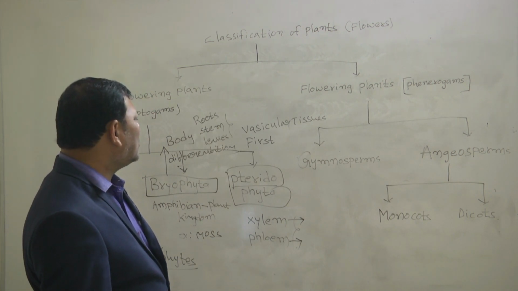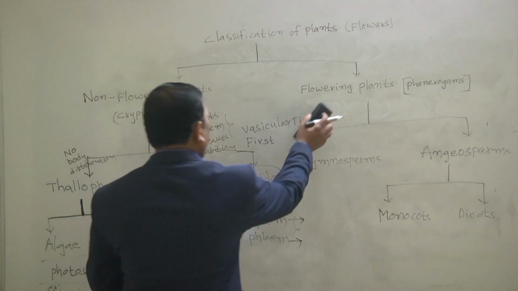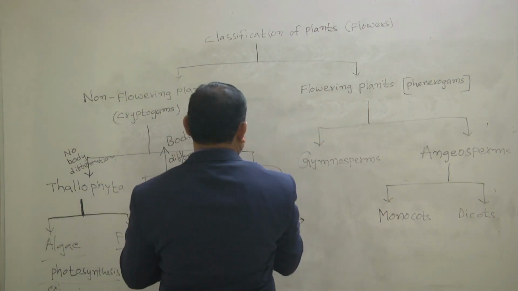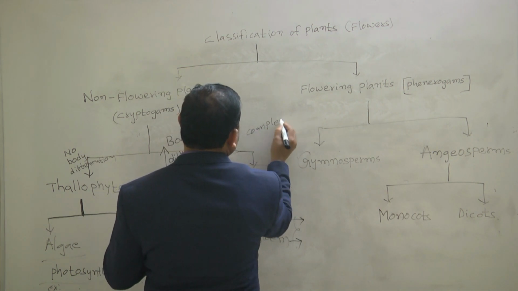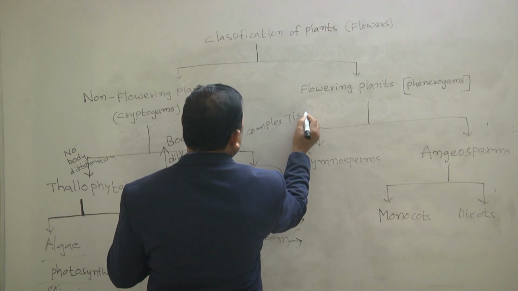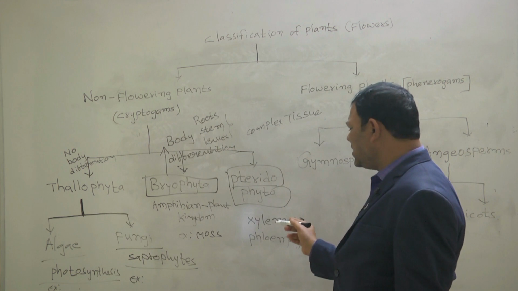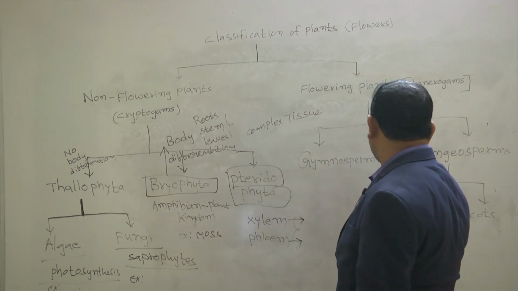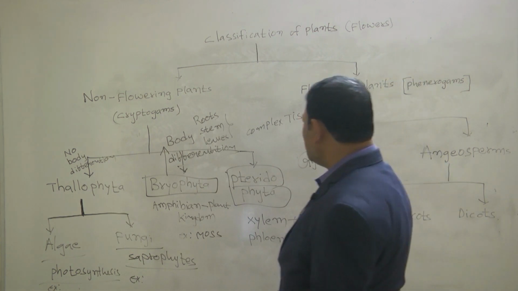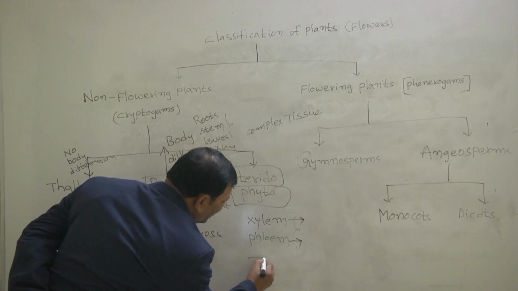Xylem and phloem are called vascular tissues or complex tissues. Pteridophyta, gymnosperms and angiosperms all have vascular tissues, so these phyla are called Tracheophyta.